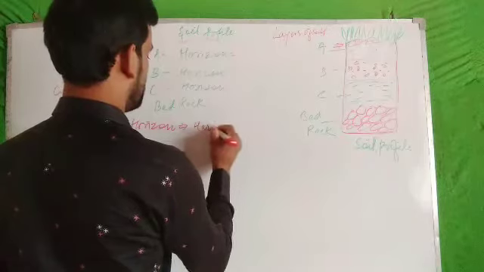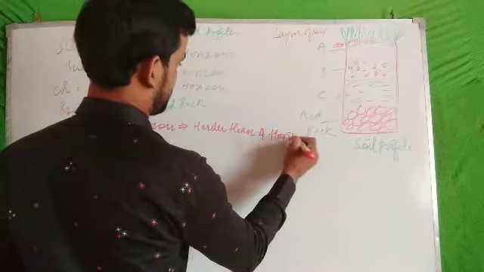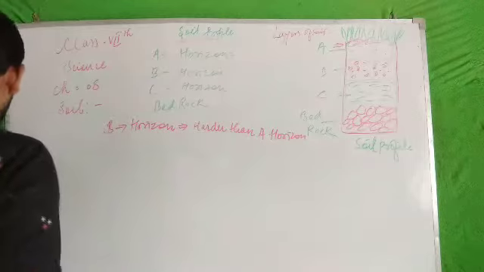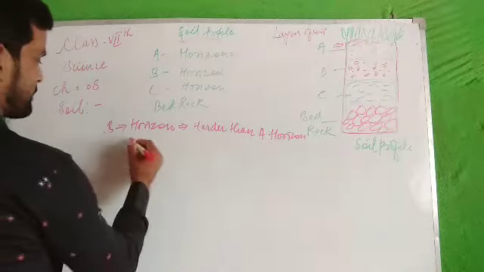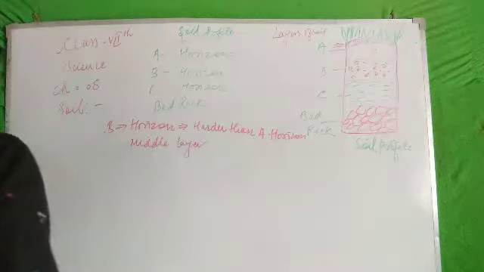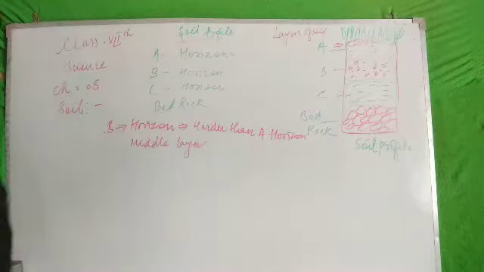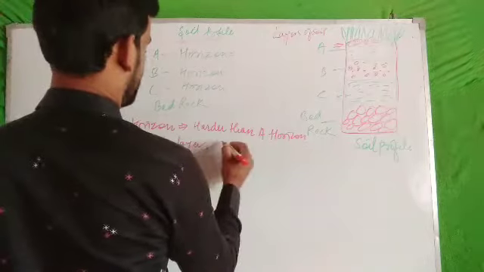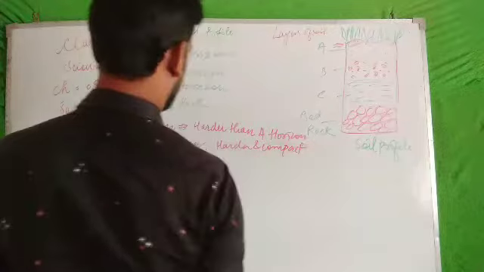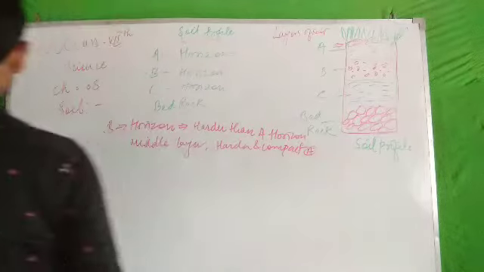It is called the middle layer. This one is more compact and harder than that of A horizon.